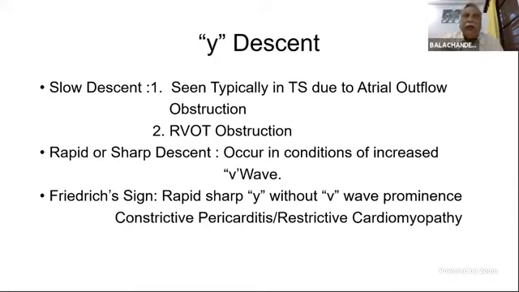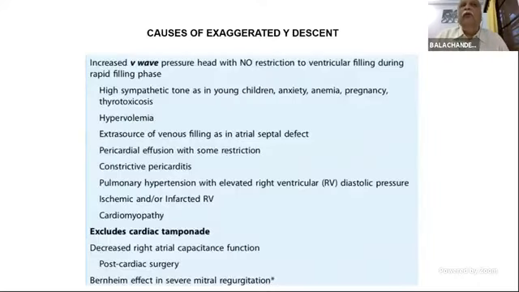And so you can get exaggerated Y descents in many conditions. It need not be a low pressure TR. So you have to differentiate between all this. Next slide. We won't go into the details of these conditions. Let's go to the next slide.